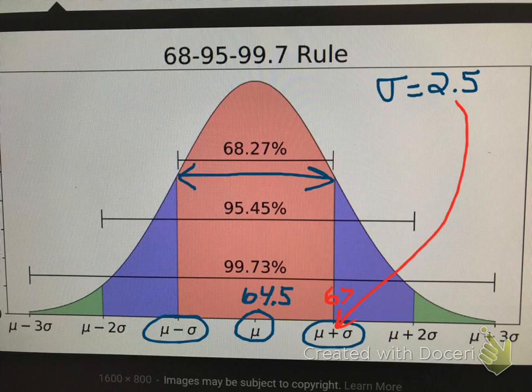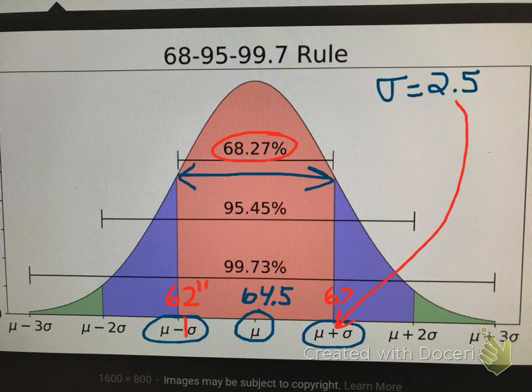And I subtract one standard deviation to the left of the mean, that would put me at 62 inches. We would say that women between the heights of 5'2", which is 62 inches, and 5'7", 68% of all women are between that height.